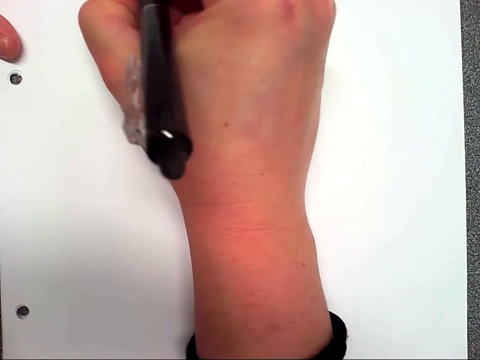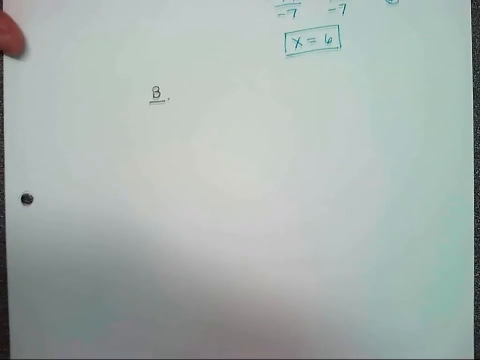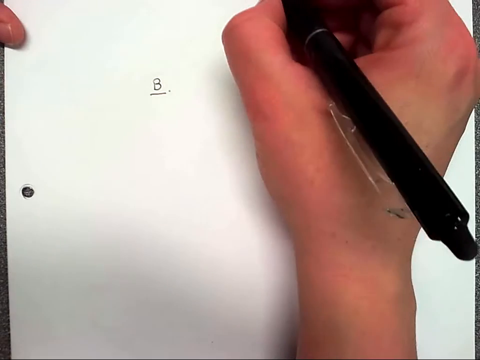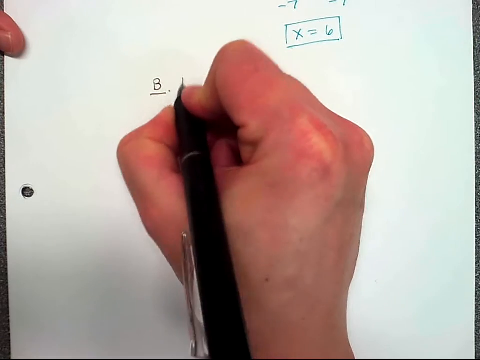All right, so now we're going to do another type of example, B, which is linear equations with fractions.